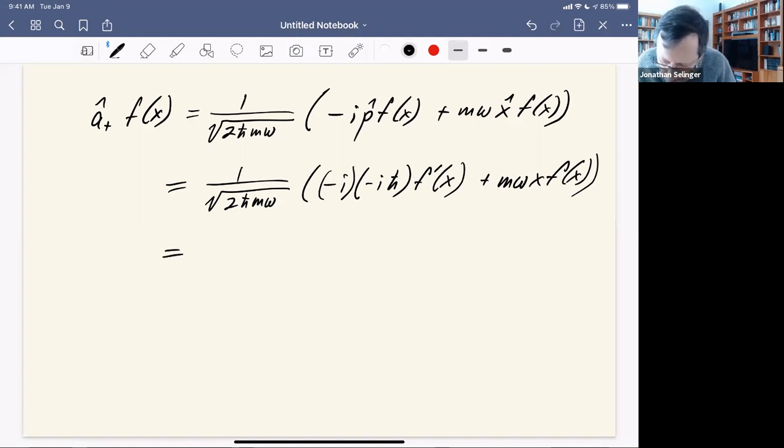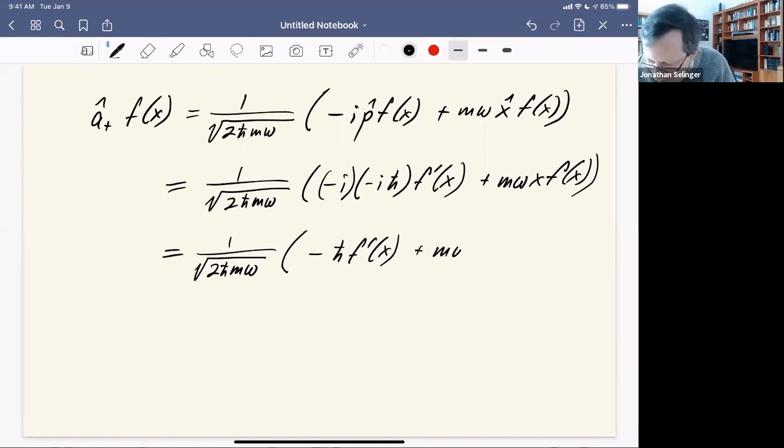Then I can multiply out the negative i that appears two times there. So this is 1 over the square root of 2 h bar m omega, and this is negative h bar f prime of x plus m omega x f of x.